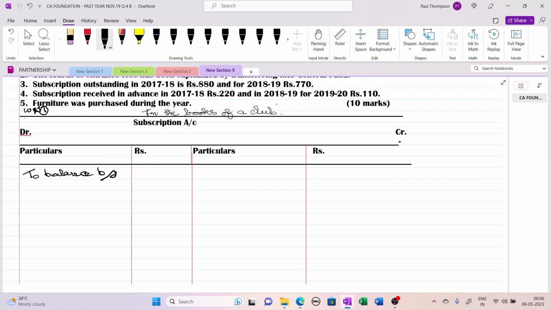This is outstanding in 1718. Outstanding in 1718 is shown as 880 rupees. Simply write like this, and the closing balance will appear on the opposite side, by balance brought down.